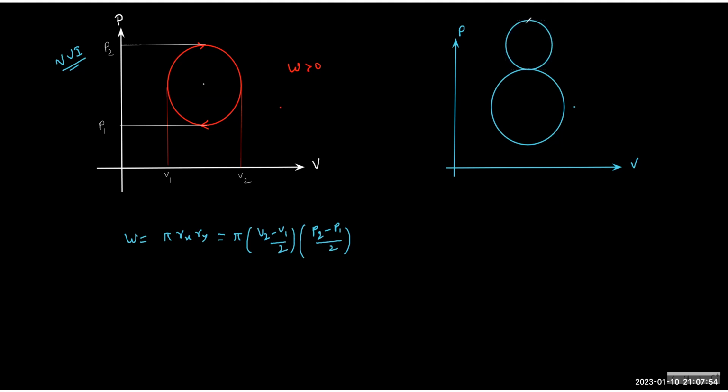So here's the cycle. It is going this way, I mean, this way. So it is making an 8. We can do it like this.